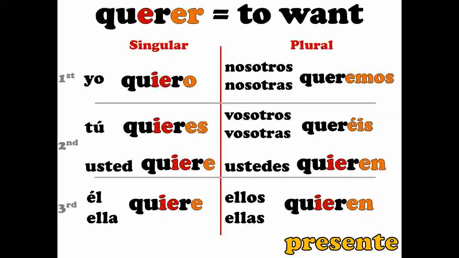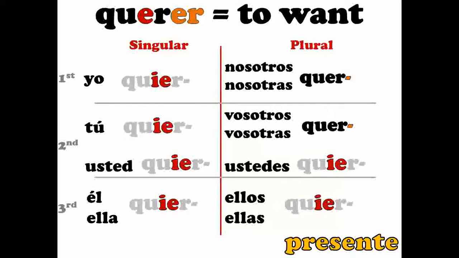So you can see here in the chart form, it also doesn't change in the vosotros or vosotras form. Do you remember where they use that? It's only used in one country, really. In Spain. So the way that some people remember this is the pattern of change that you see.